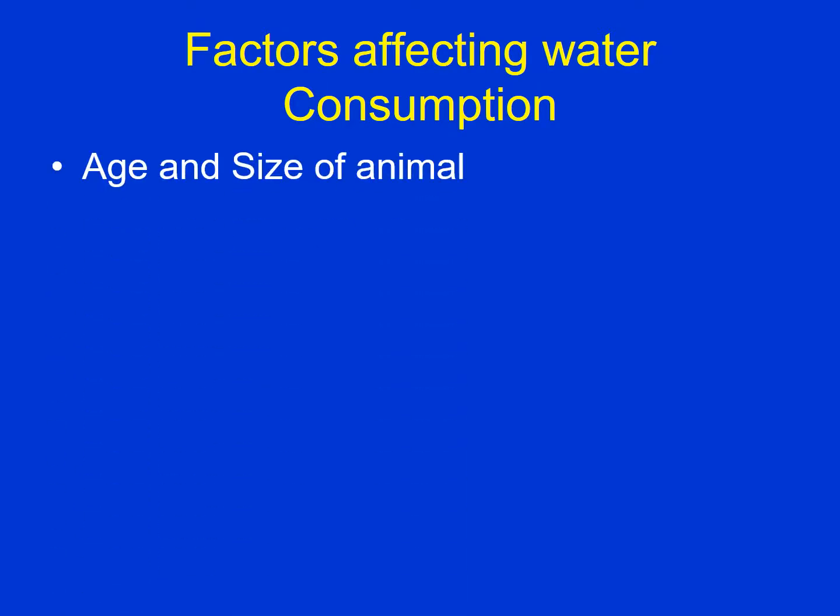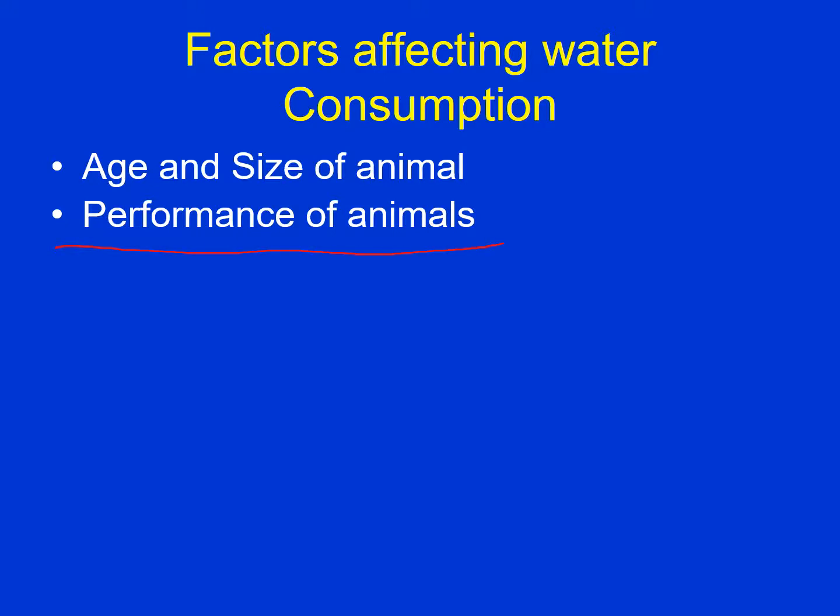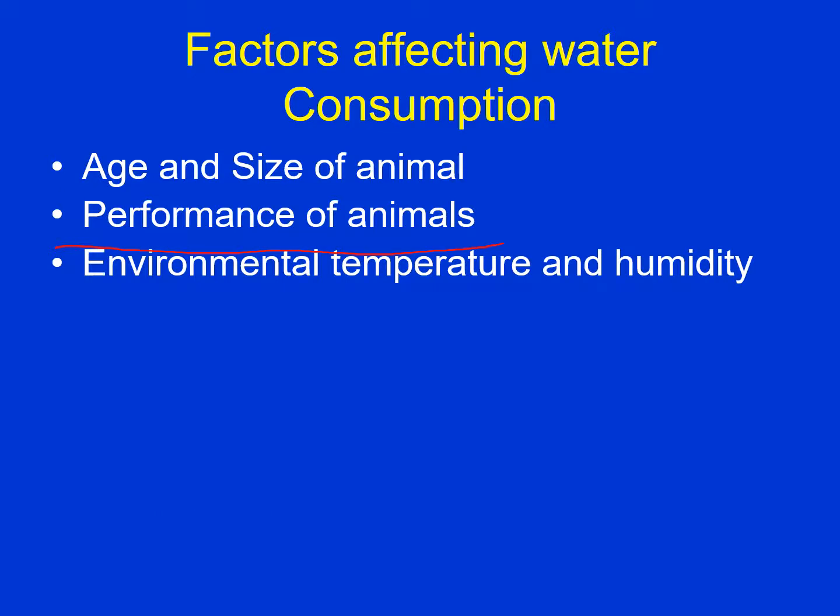Factors affecting water consumption: age and size of the animal, and obviously the performance of the animals. If the animals are working hard, they definitely require more water. Environmental temperature and humidity: yes, the hotter it is, the more water is required by animals.